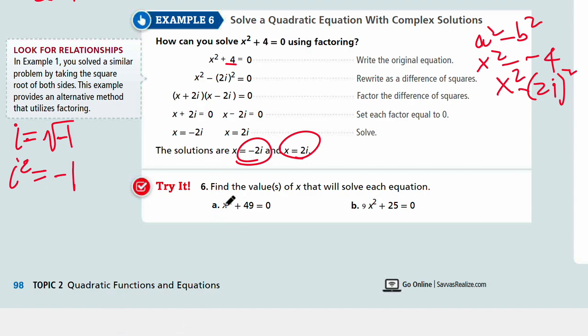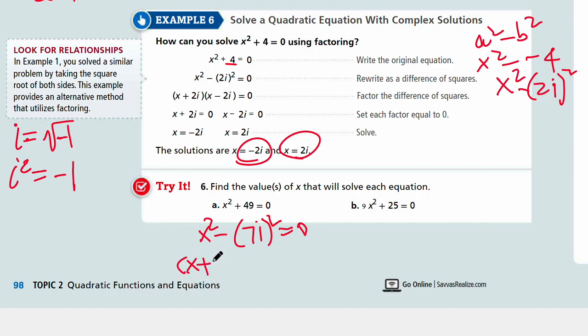All right, so first step, rewrite as a difference of squares. So x squared plus 49, you can rewrite it using complex numbers, right? So x squared minus 7i squared is equal to 0 would be your next step. And then you can factor using that complex number.